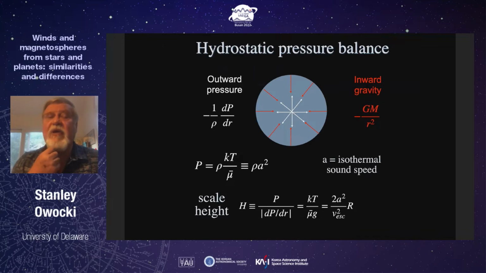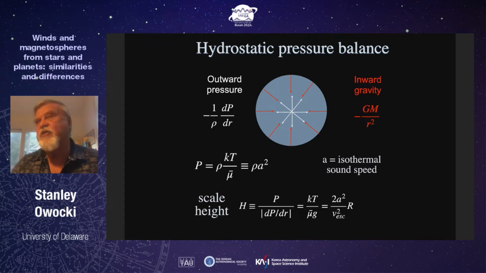So the basic idea here now is that the key competition is between gravity and, not radiation forces, but gas pressure. The gradient of the gas pressure divided by density is an acceleration. And the gas pressure is just given by the ideal gas law, density times temperature divided by molecular weight. You can think of the kT over mu as having units of speed squared.